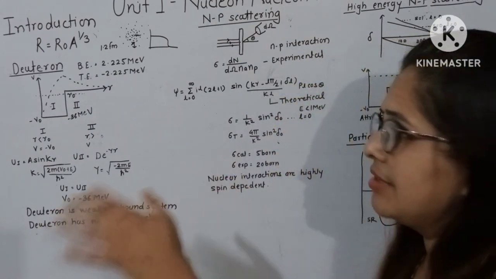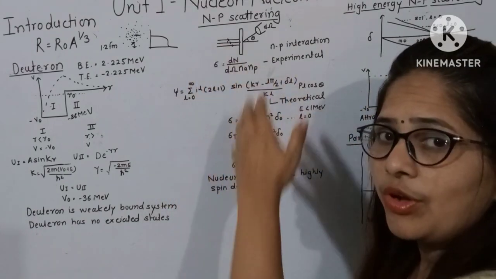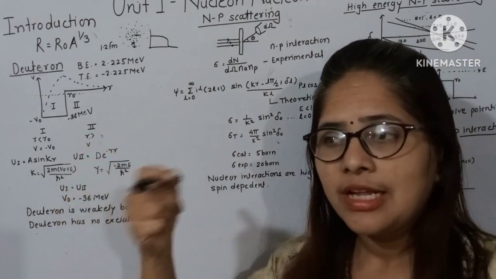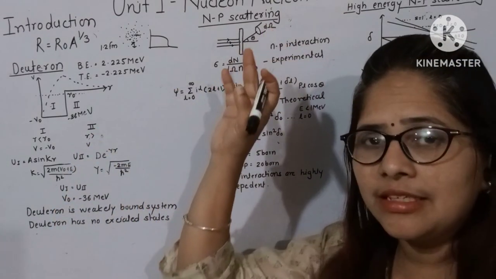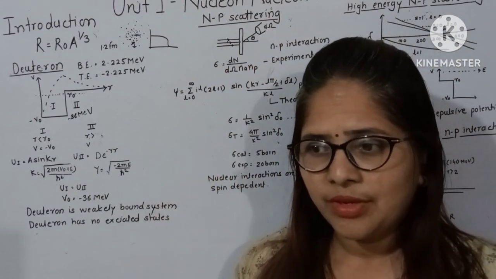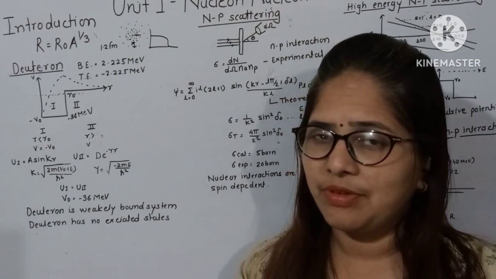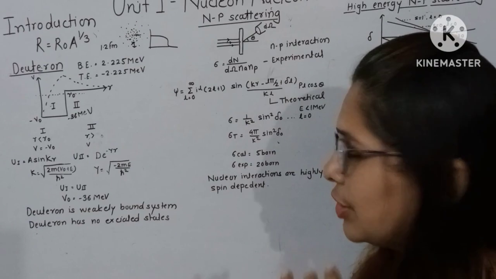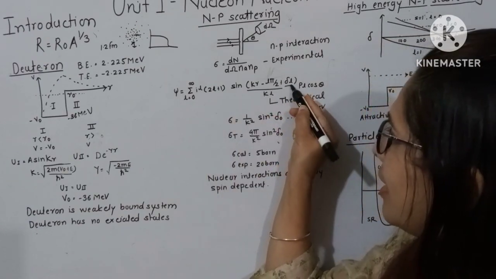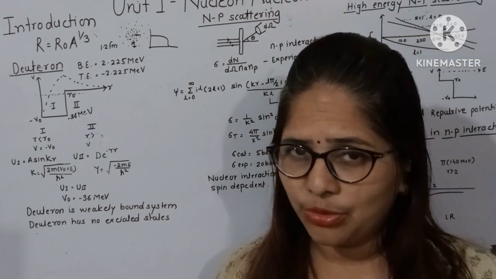Okay, we have taken some wave function psi for the incoming particle, then we have taken the wave function at the detector. By different quantum mechanical calculations, which we have seen in my previous videos, we have concluded that this phase shift delta is also the measure of the interaction between the proton and neutron.